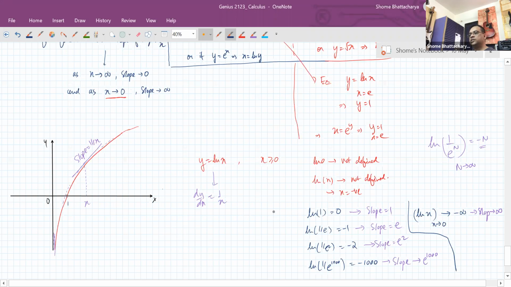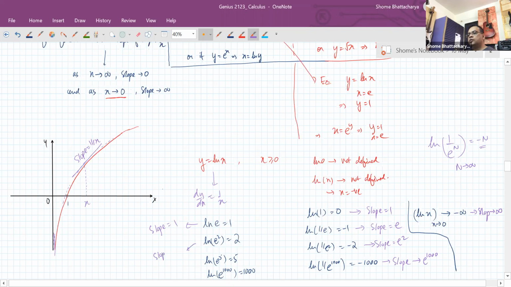Whereas as you go on the positive side, you can also see that ln of e is equal to 1. Ln of e square is equal to 2. Ln of e to the power 5 is equal to 5. Ln of e to the power 1000 is 1000. But what about the slope? The slope is decreasing. The slope at this point is becoming 1.